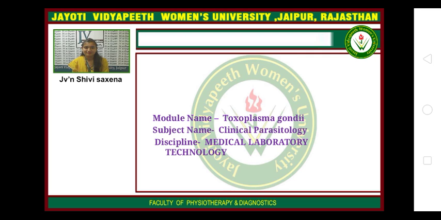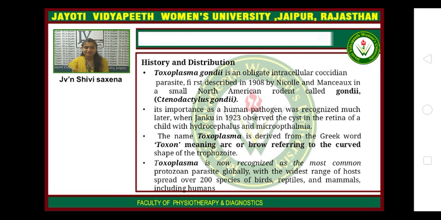History and distribution. Toxoplasma gondii is an obligate intracellular coccidian parasite first described in 1908 by Nicolle and Manceaux in a small North African rodent called Ctenodactylus gondii.